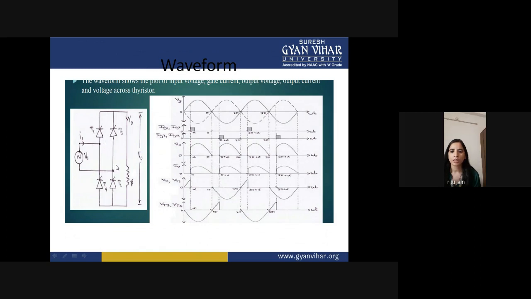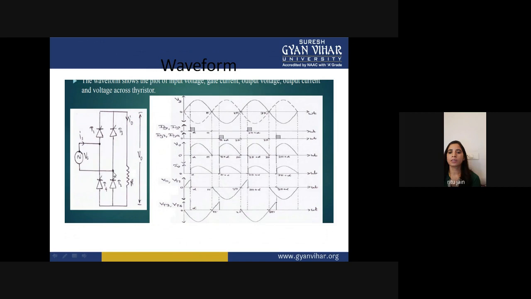When this terminal is positive, T1 will be in forward biasing and T4 will be in reverse biasing.